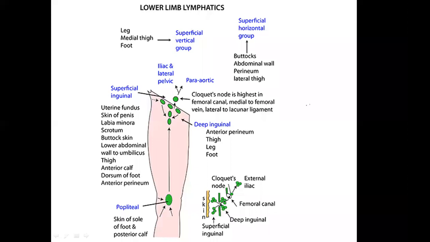Then the lower half of the anal canal, along with the skin from the buttocks. So, the horizontal group of the superficial inguinal lymph nodes drain the skin from the buttocks, the lower half of the anal canal, the perineum, the external genitalia in both sexes, excluding the testes, and the anterior abdominal wall.